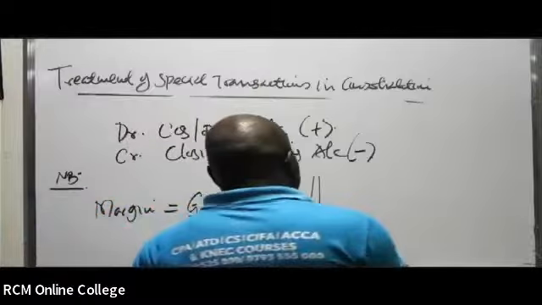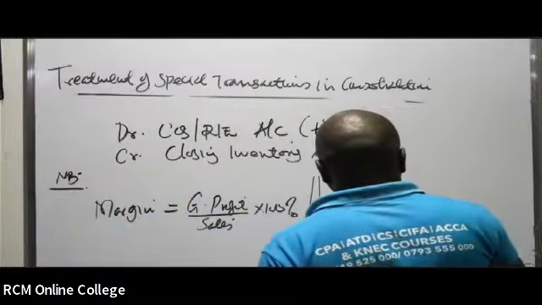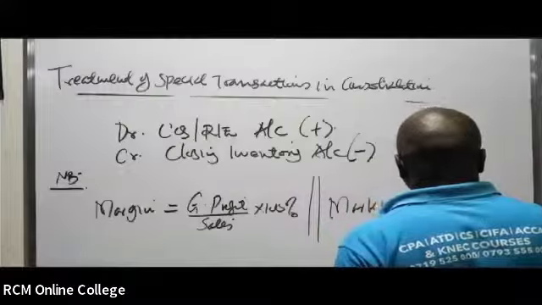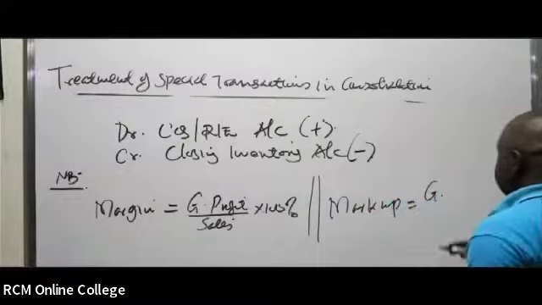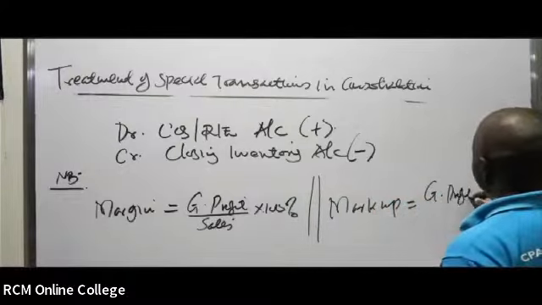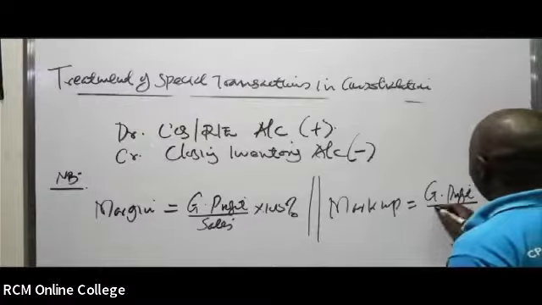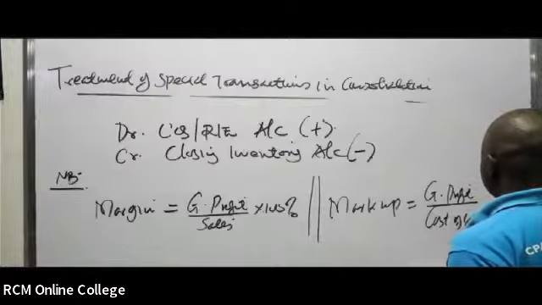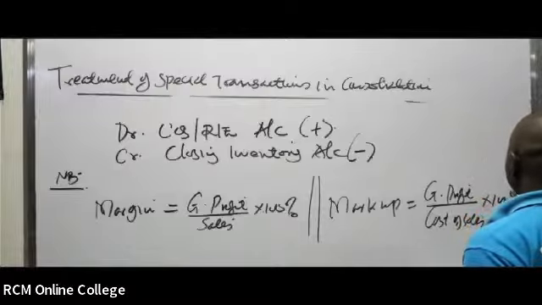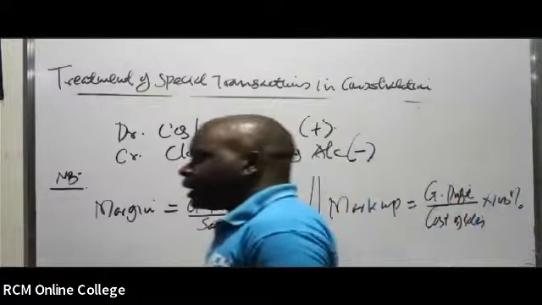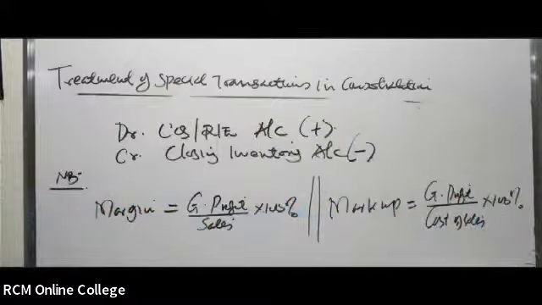And the markup is equal to, these formulas I'm writing will come in handy when we start doing the questions, you'll realize why they are very important, GP over cost of sales, multiplied by 100%.